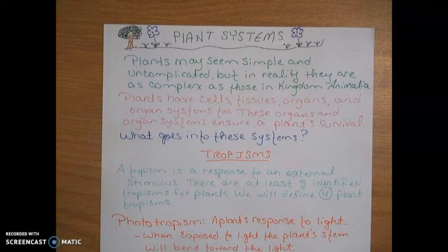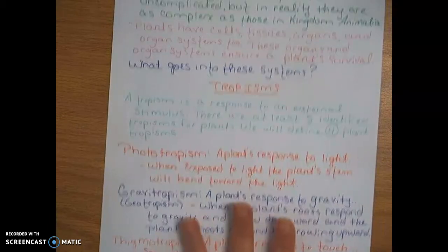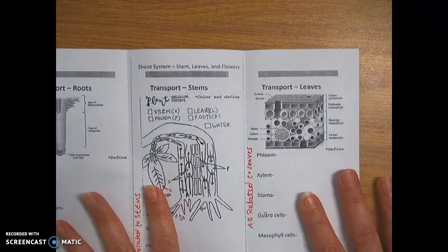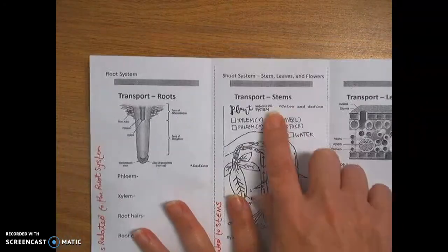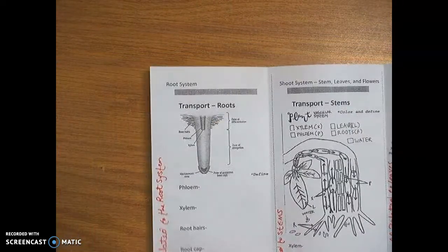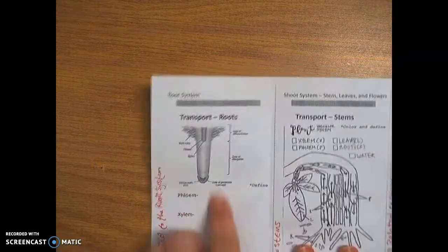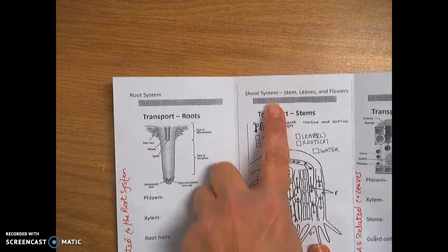So what goes into these systems? I started on tropisms, but we're actually going to do a little bit of different information before we start talking about the tropisms. I want us to remember that plants have leaves, they have stems, and they have roots. And all of these come together to make systems.